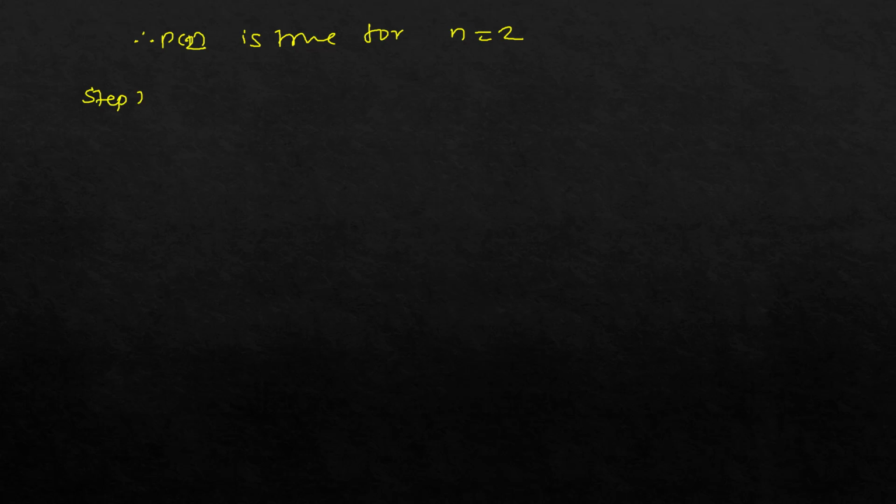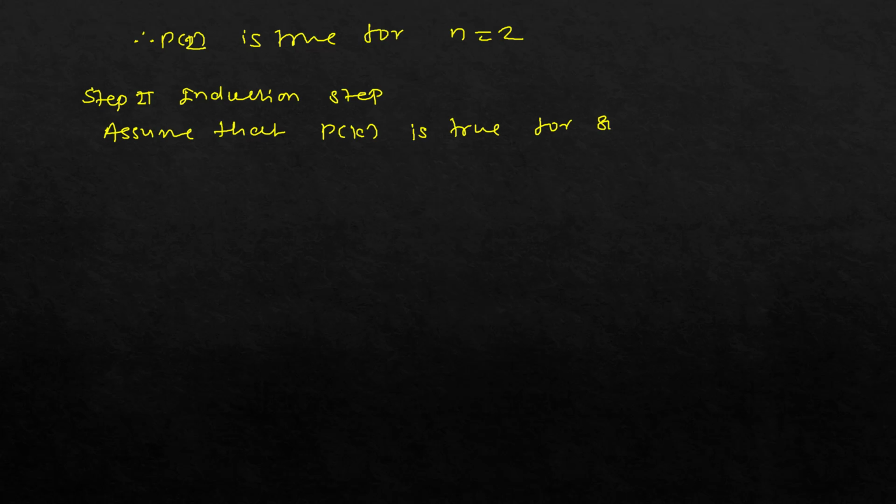Now step 2, that is induction step. So what to do here? Assume that P of k is true for some k belongs to capital N, means k raised to 4 minus 4k square is divisible by 3.